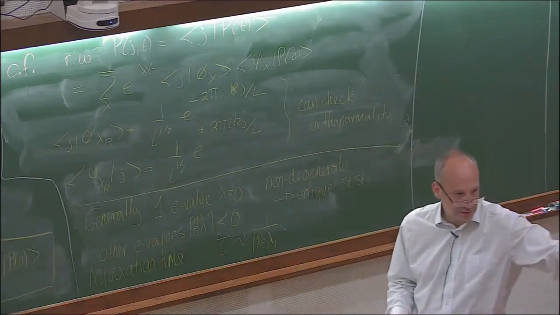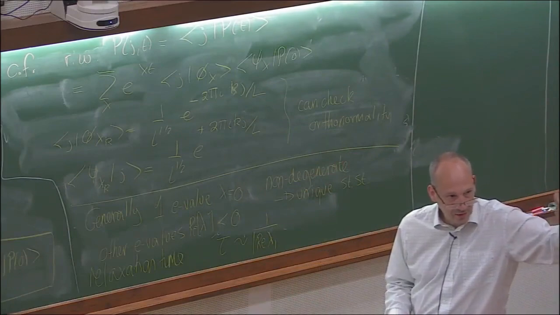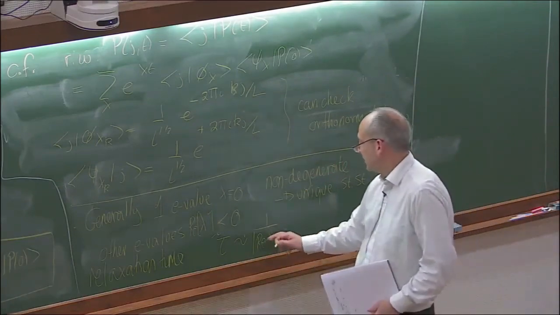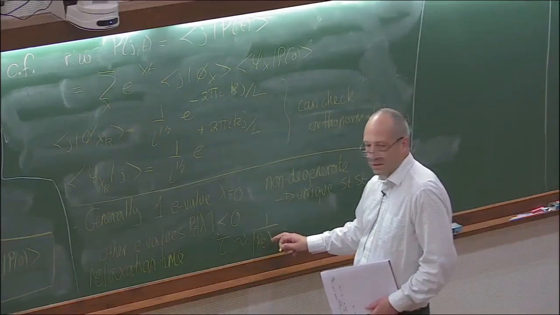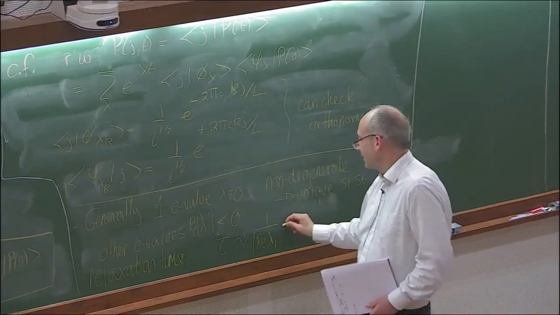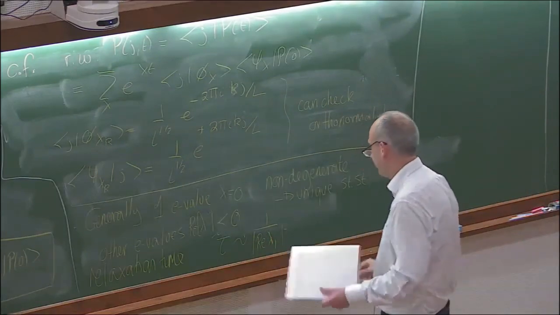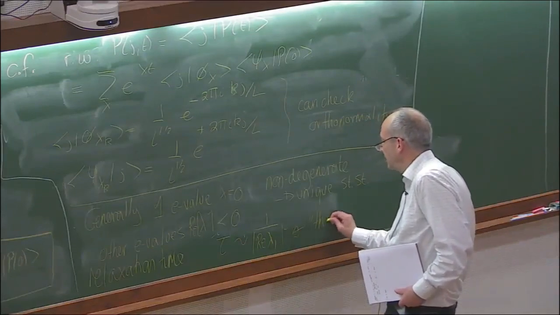The largest eigenvalue is 0, so we're interested in the second largest one. And the difference between the two, basically, well, we know that lambda 0 is 0, so that's the real part of the second largest eigenvalue. That gives the relaxation time. And this is known colloquially as the gap.